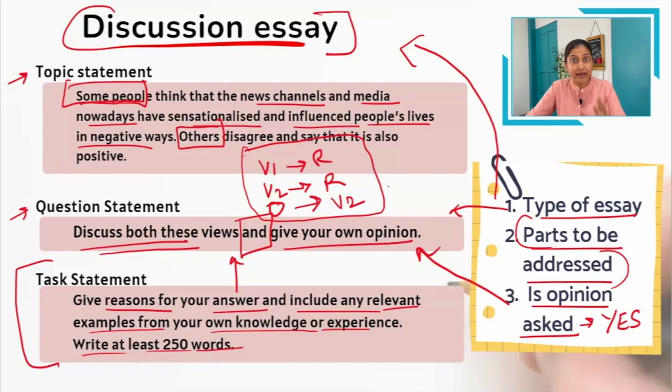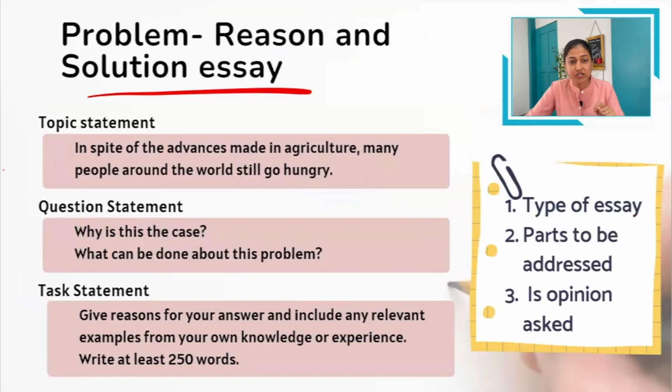All right, now let's move on to the third type of essay, which is problem, reason and solution essay. Once again, we can go in reverse order, but I guess the logic is clear, so let's continue from top to bottom. So when I read the topic statement, I see it says, in spite of the advances made in agriculture, many people around the world still go hungry.